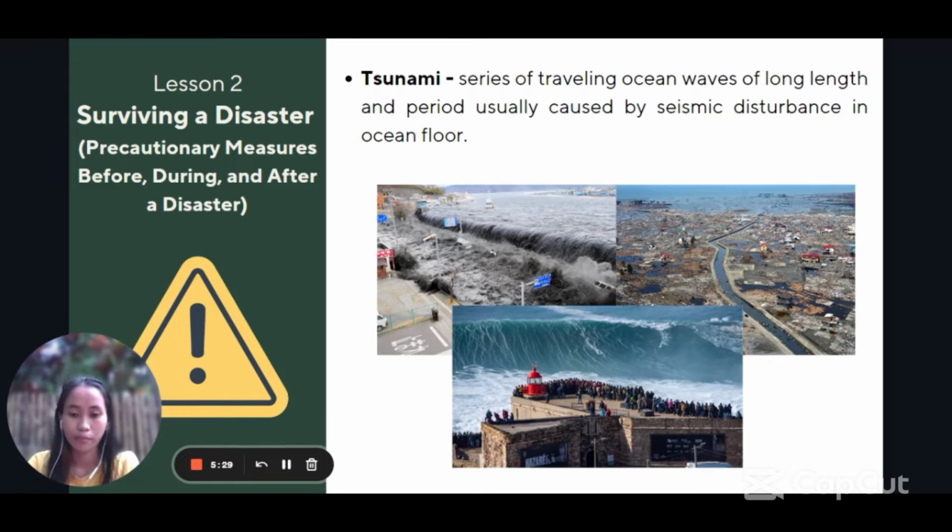Next is tsunami. It is a series of extremely long waves caused by a large and sudden displacement of the ocean, usually the result of an earthquake below or near the ocean floor. Just like the example in the picture shown.